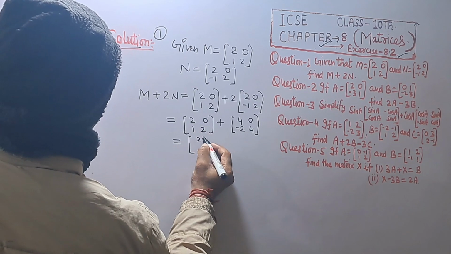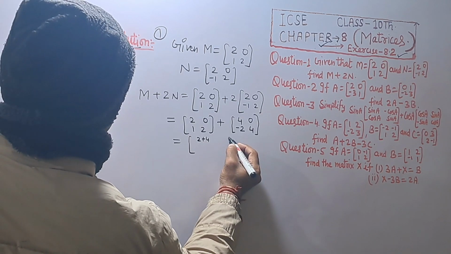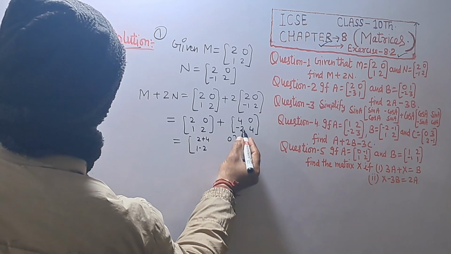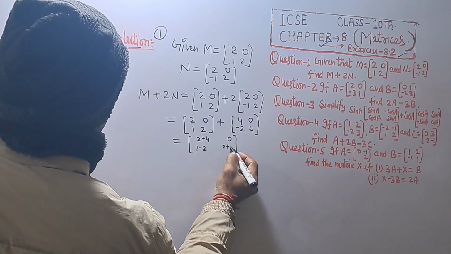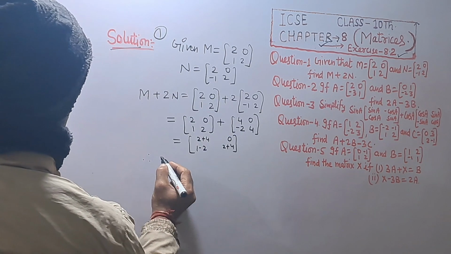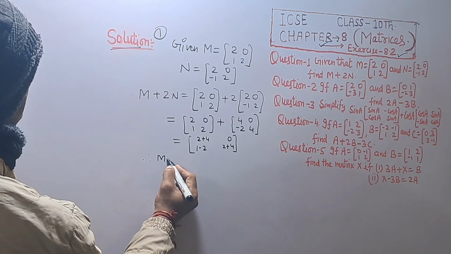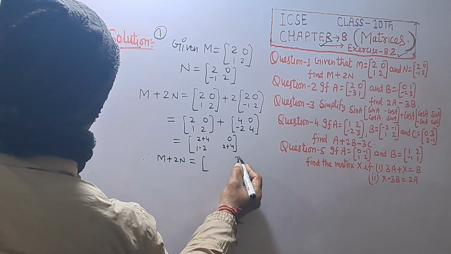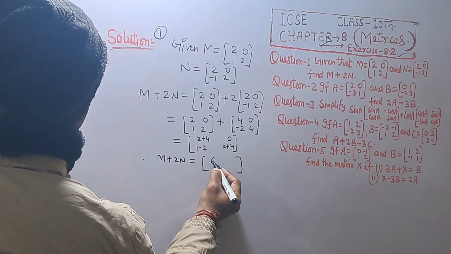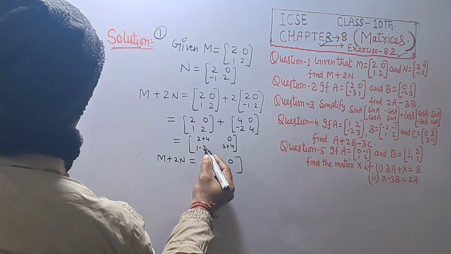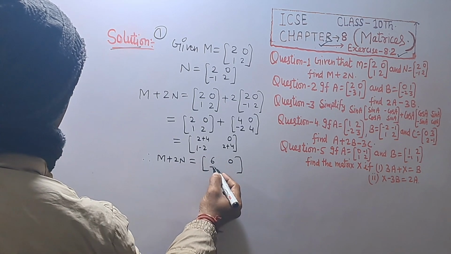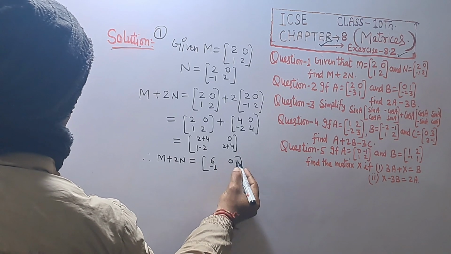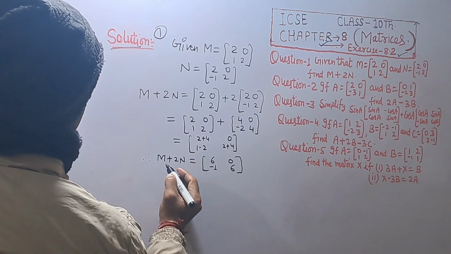Two plus 4, and 0 plus 0 is equal to 0. 1 minus 2, and 2 plus 4. So m plus 2n is equal to 6, 0, minus 2 plus 1, that is equal to minus 1, and 2 plus 4 is equal to 6.